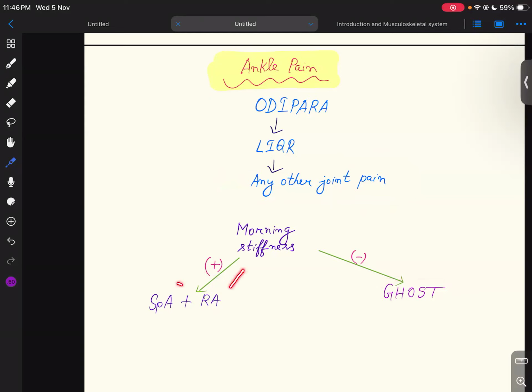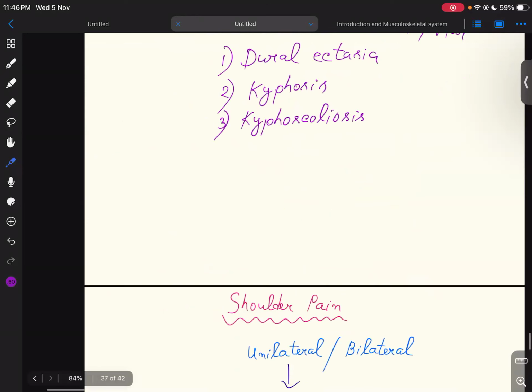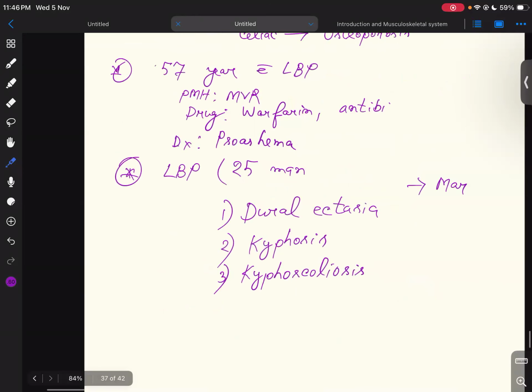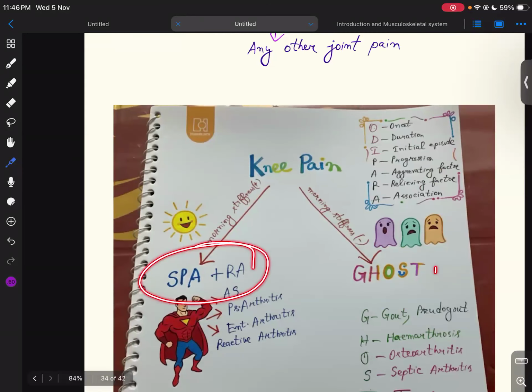If morning jamming is positive, then it is spondyloarthritis, that is seronegative spondyloarthritis, and rheumatoid arthritis. And if it is mechanical, then the mnemonic is ghost. So the screening questions will be the same as the knee pain I have discussed. I hope this is clear to all, so I am not repeating it once again.